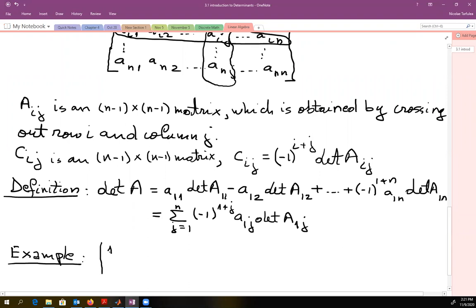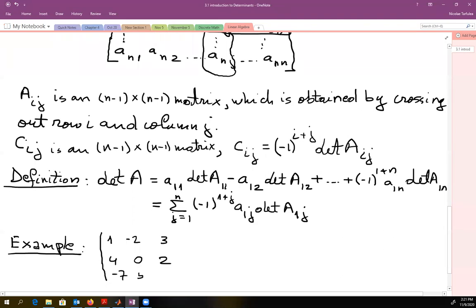So I can say here this is 1, -2, and 3, 4, 0, 2, -7, 5, and say -1. This is the determinant of a 3 by 3 matrix, right?